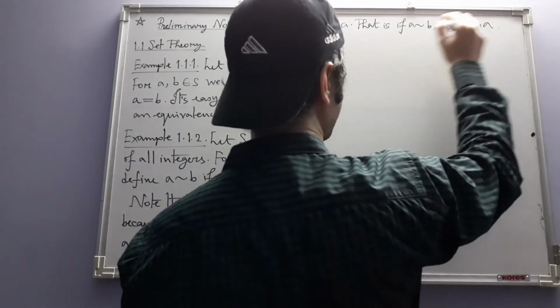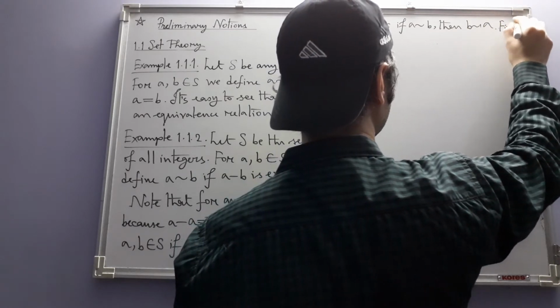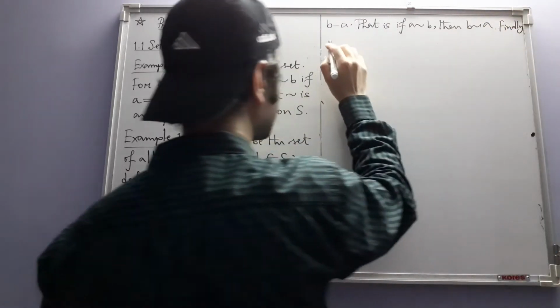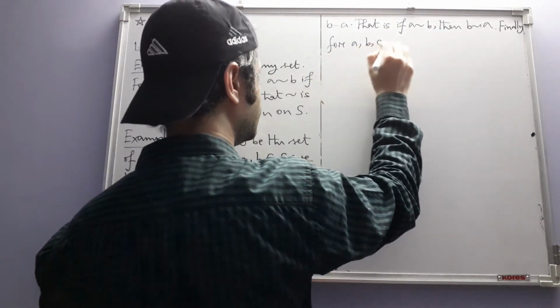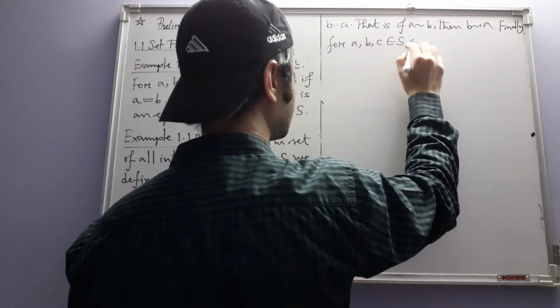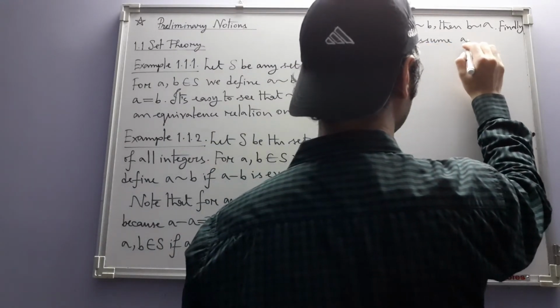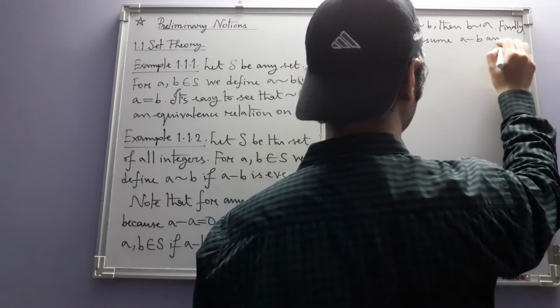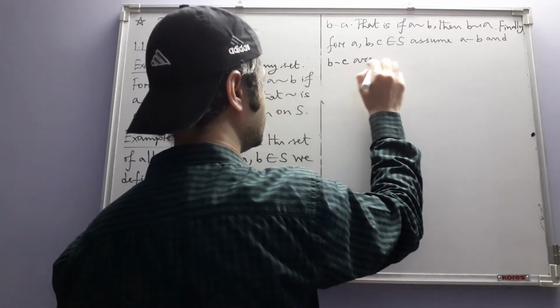Finally, for 3 integers, assume A minus B and B minus C are both even.